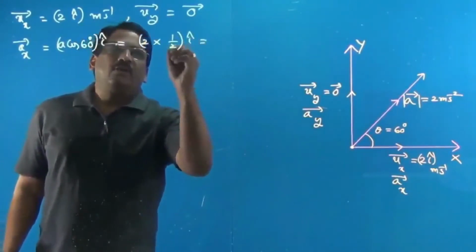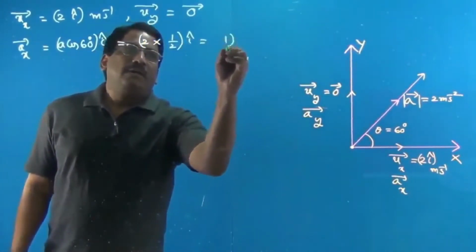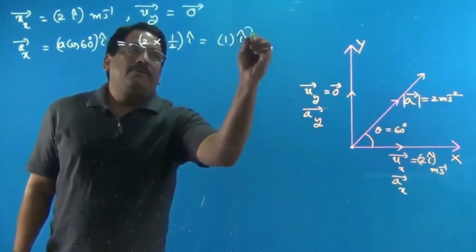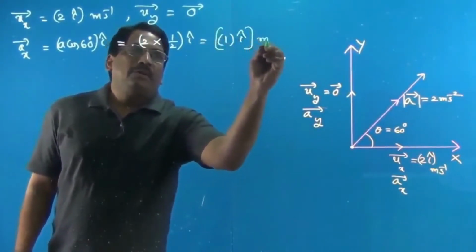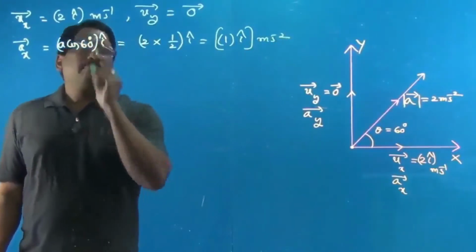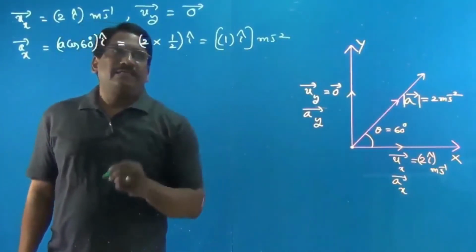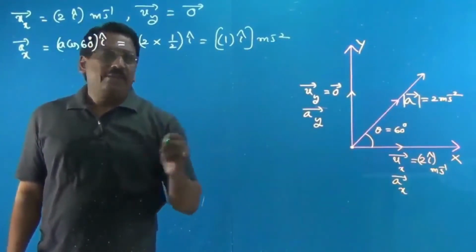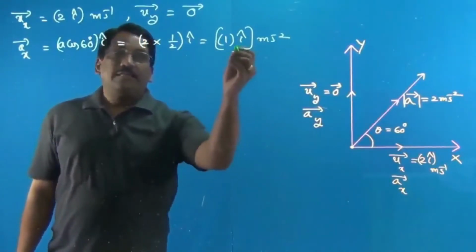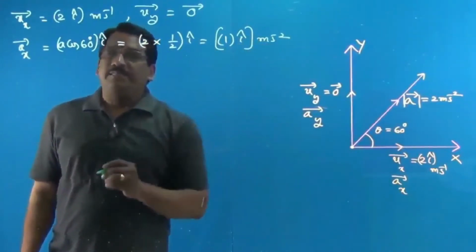So this all is 1 into i cap. This is all in meter per second square, velocity is in meter per second, acceleration is meter per second square. So the acceleration component along the x-axis is i cap meter per second square.